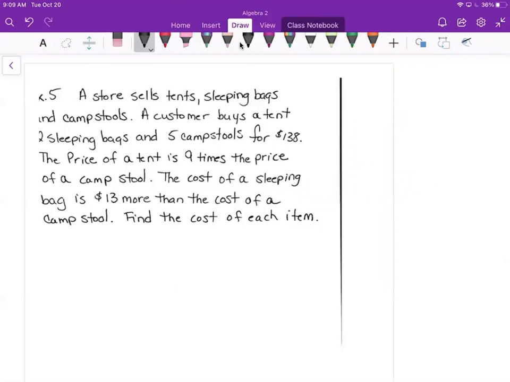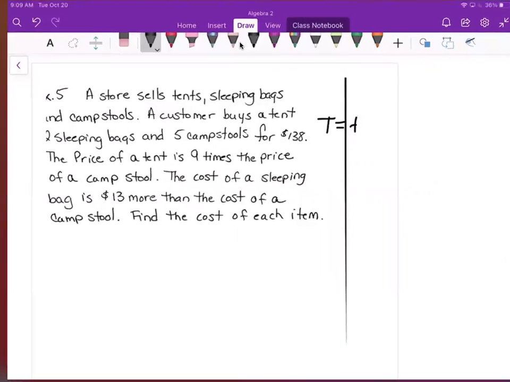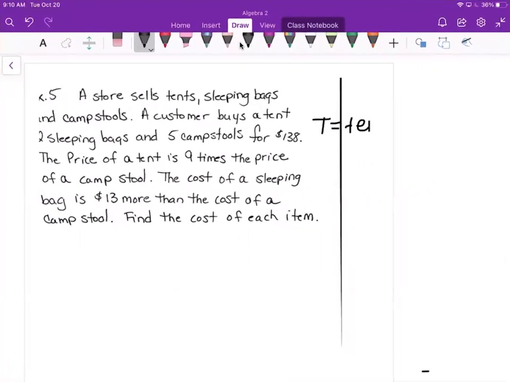All right, so quantify your variables. Let's let t equal tent, of course. Let's let s, actually, we'll use b because I know my s's look like 5s. So let's let b equal bags, sleeping bags. And let's let c equal camp stools.